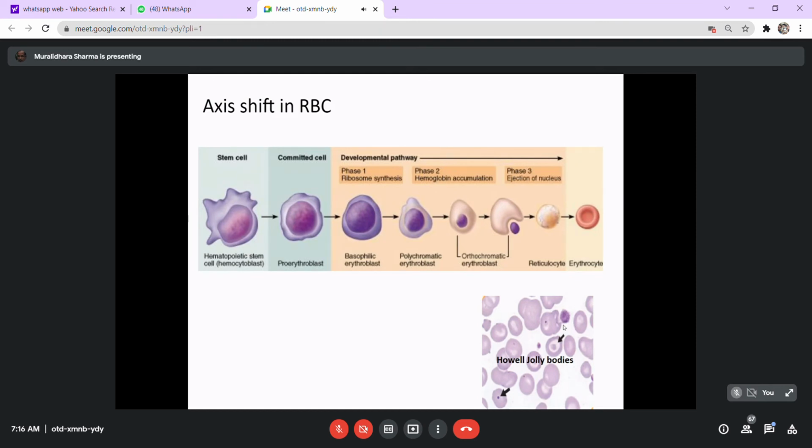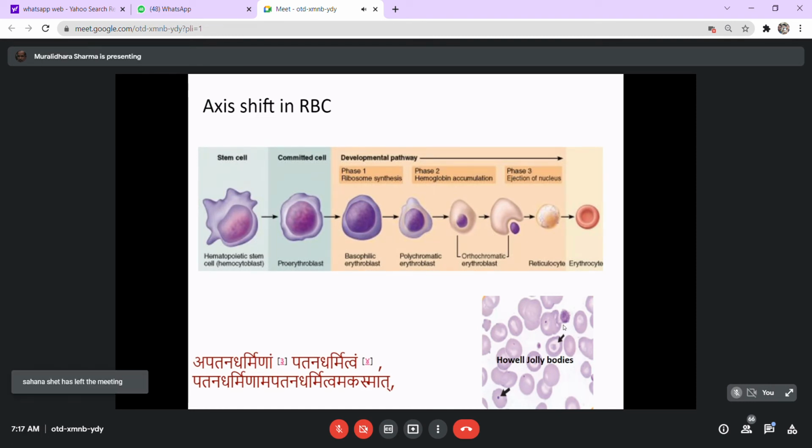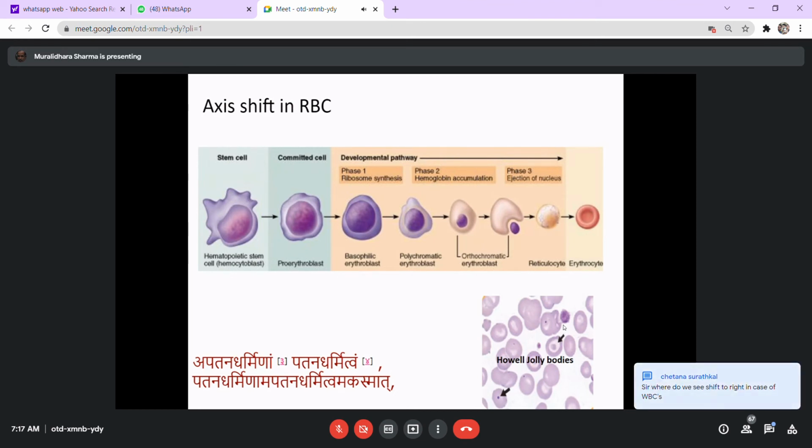So anyway, the shift of the cells also is a feature, or rather the life cycle of the cells would help you make the diagnosis. So that's the point. That's exactly what Sushruta has mentioned: apadana dharminam padana dharmitvam, padana dharminam apadana dharmitvam. The padana dharma is the life cycle, the natural death which occurs.